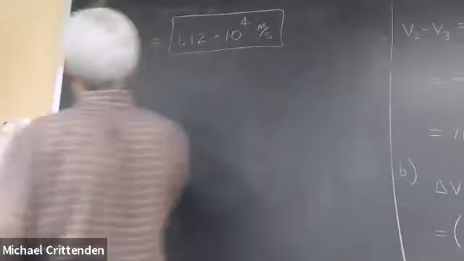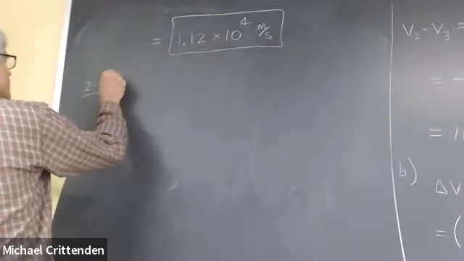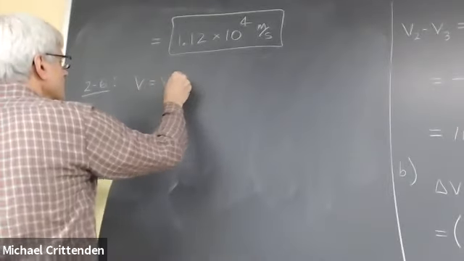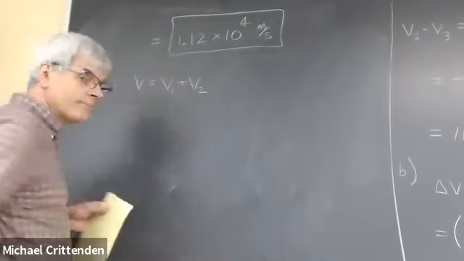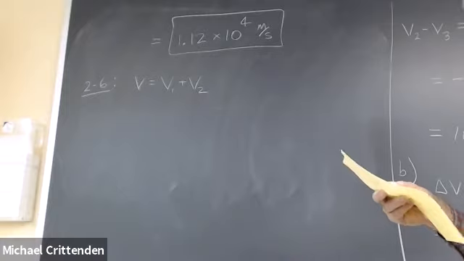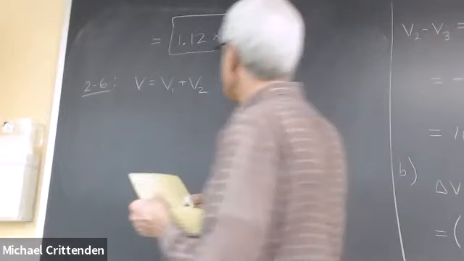That goes like this. Superposition principle says the potential there due to both charges at once equals the potential you would have if only one of them was present, plus the potential, the voltage in other words, if only the other one was present.